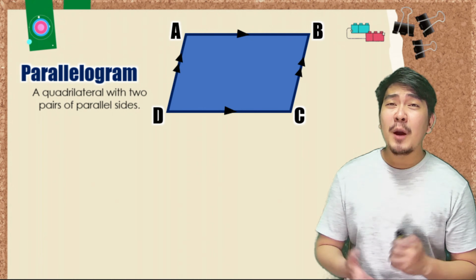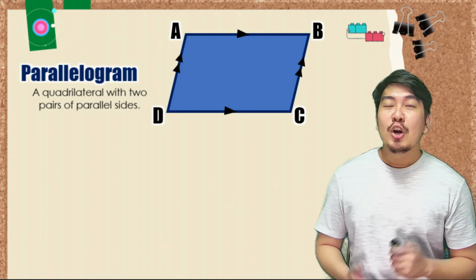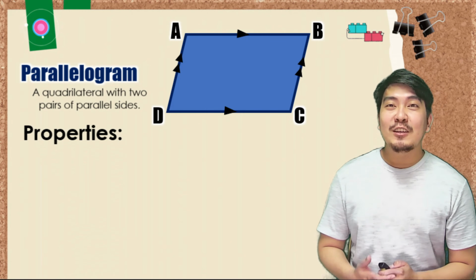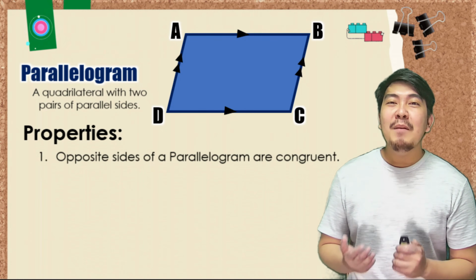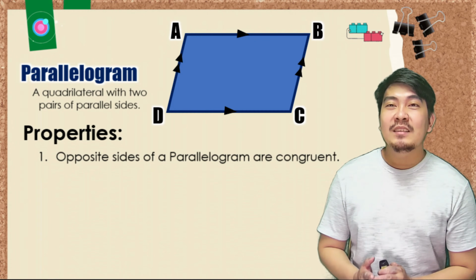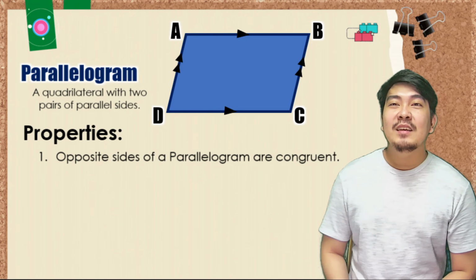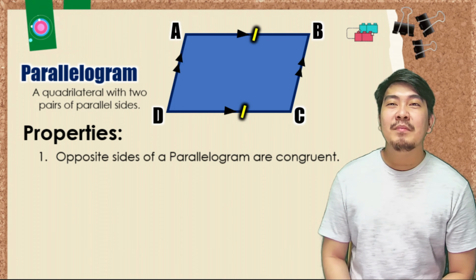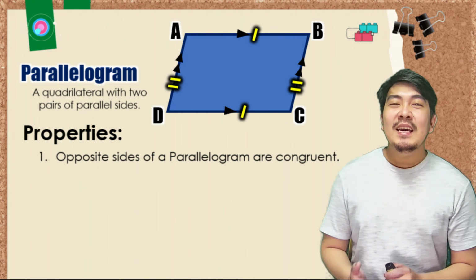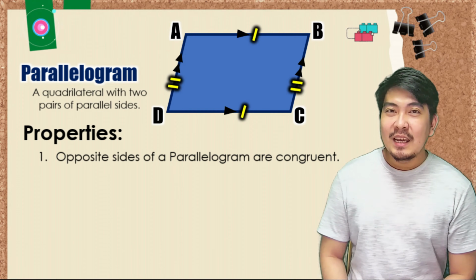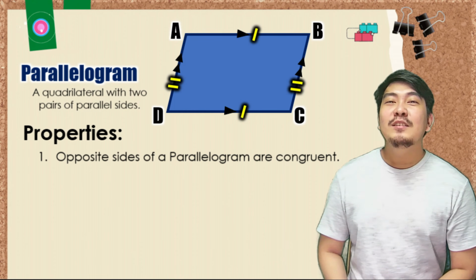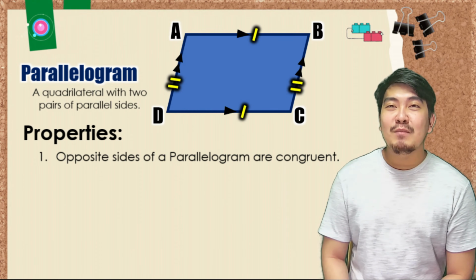So what are the properties of a parallelogram? Going back during your grade 8 session, a parallelogram has opposite sides that are congruent. So what are those congruent sides? The first pair is segment AB is congruent to segment CD, as well as the second pair, segment AD is congruent to segment BC.